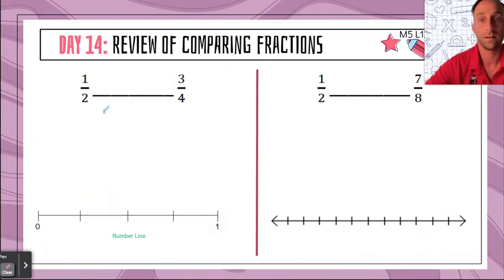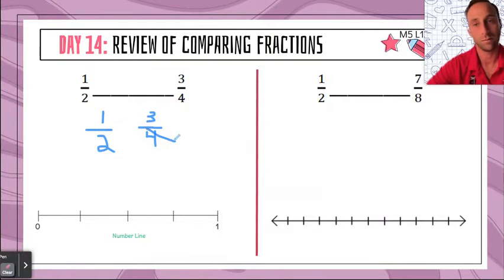All right, let's take a look here at 1/2 and 3/4. So when I cross multiply here, I'll be able to find out which fraction is greater. Weird strategy, but it works. So across I have 1 times 4, and that gets me 4, right?